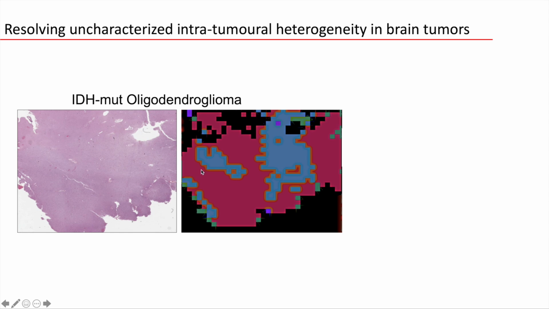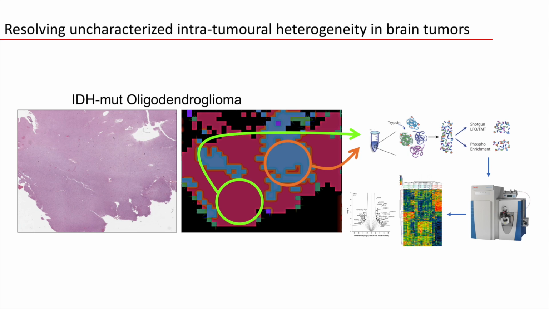This is one of our earlier class activation maps, which has much lower resolution than the ones I showed before, but suffice to say that there are patches of this tumor that appear to be lower grade and higher grade, which now allows us to analyze them to see if there's any changes either in their genomes or their proteomes, which is the technology of our choice. So these now become very objective and reproducible ways to annotate tissue and look at morphologic or feature differences for intratumoral heterogeneity and molecular analysis.